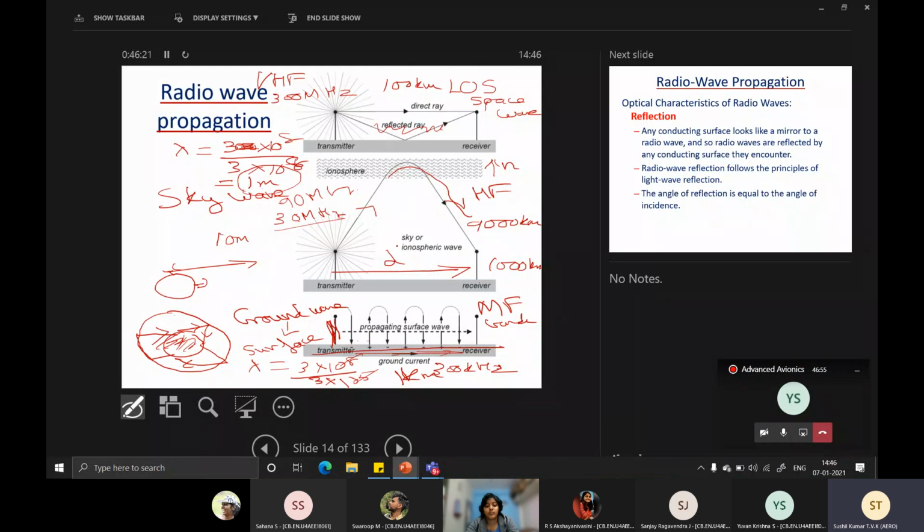And let's even assume an ideal situation that there is one MF transmitter and you are the only person having one receiver, and it's free space. No reflection, no obstructions, nothing.